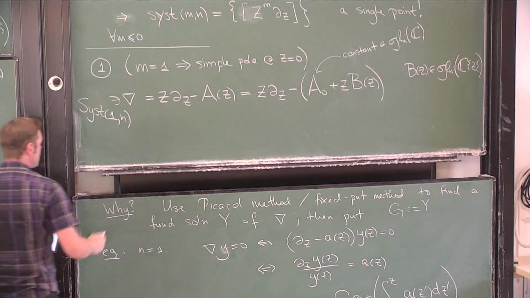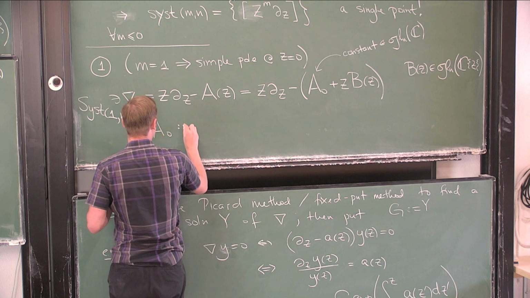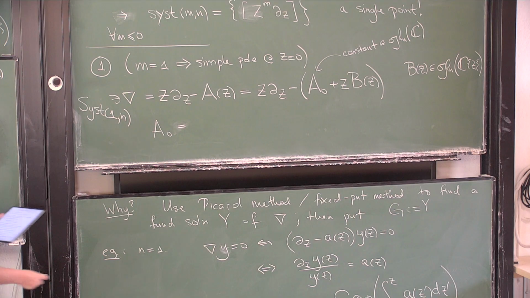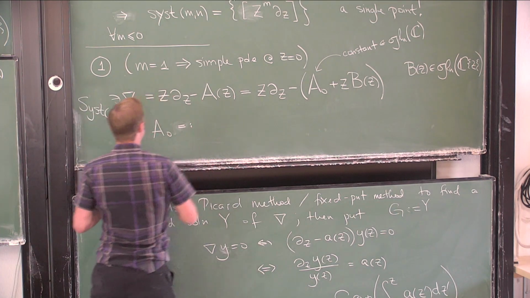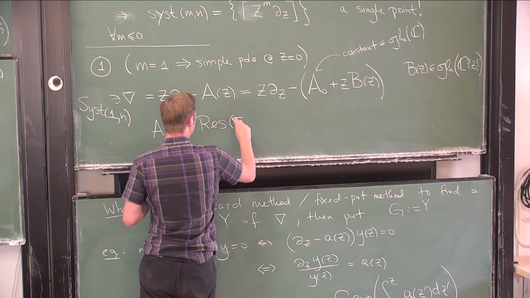This a naught is actually a very important object. It has a name and even a notation: I'll call it res nabla.